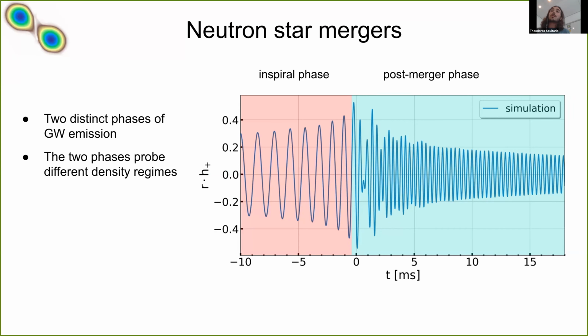One of them is called the inspiral, where the two stars orbit around each other, emit gravitational waves, and eventually merge. The rest is the post-merger phase, when we talk about the remnant star that oscillates. Both of these regions give us information about the equation of state, but as I said, I will focus on the post-merger phase.